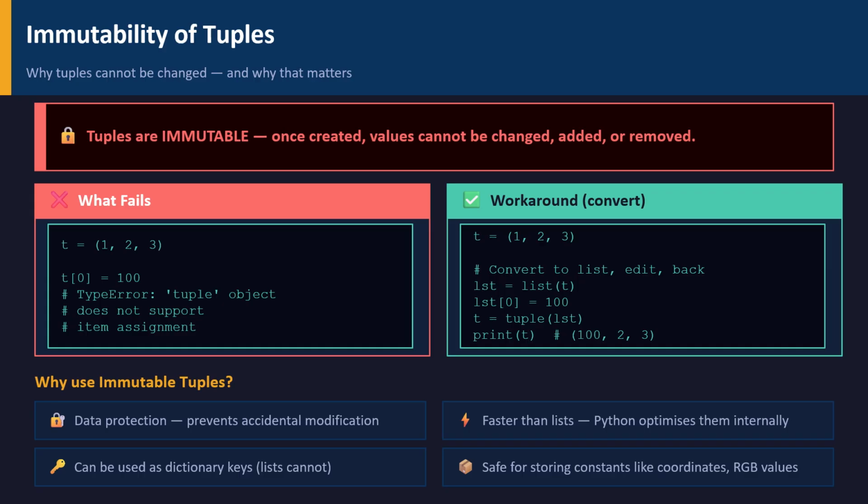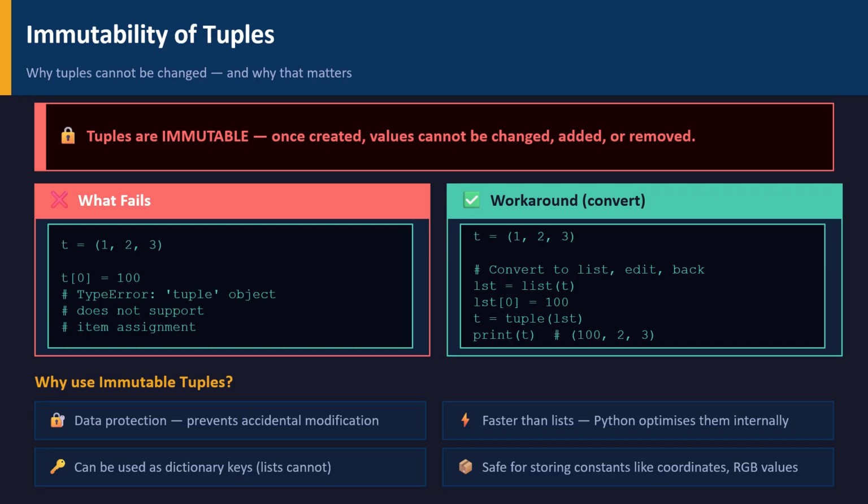And we can also see why we are using these immutable tuples. There are 4 strong reasons to use a tuple. First, they protect data from accidental modification. Second, they are faster than lists because Python optimizes them internally.